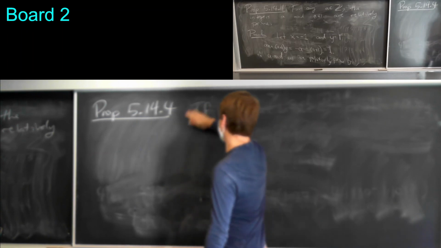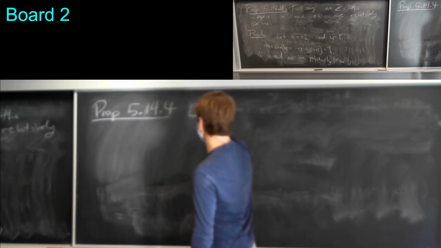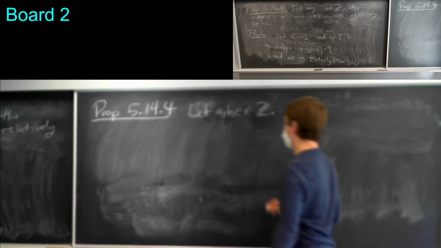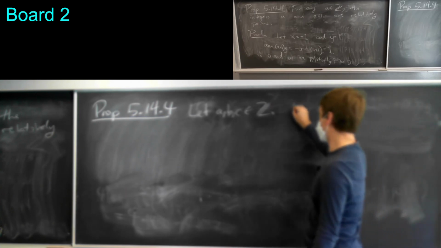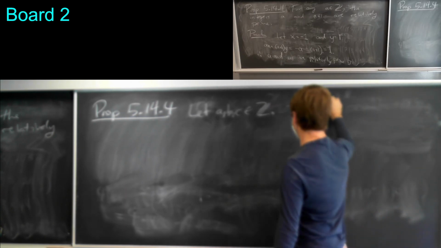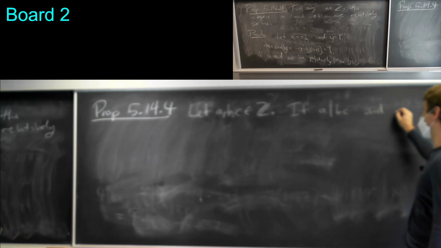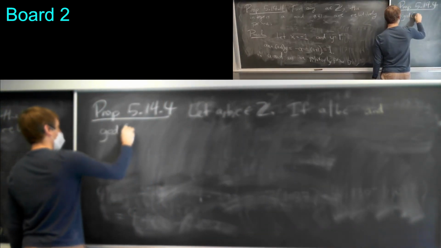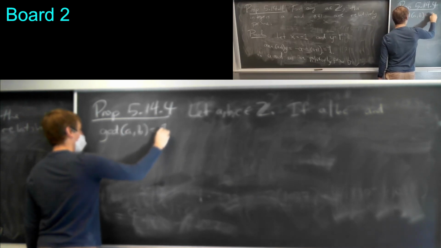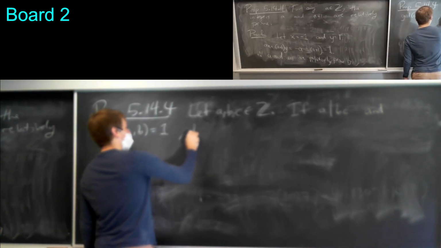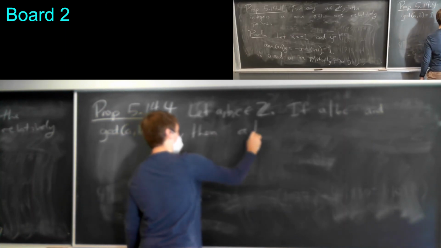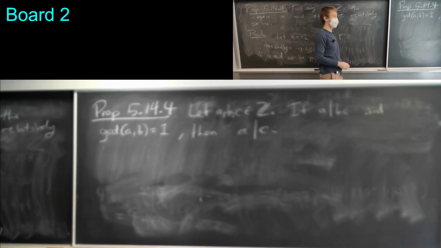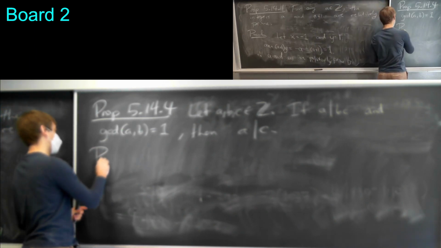Let a, b, and c be integers. What I want to prove is that if a divides b times c, and a and b are relatively prime, so GCD(a, b) is 1, then actually a divides c.